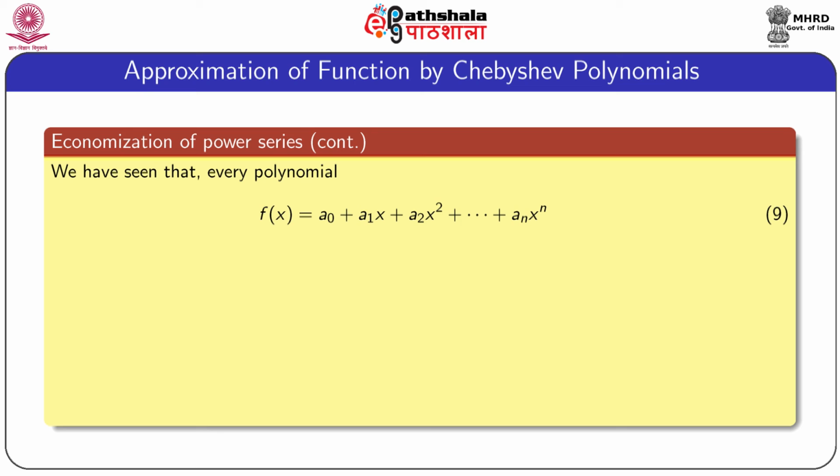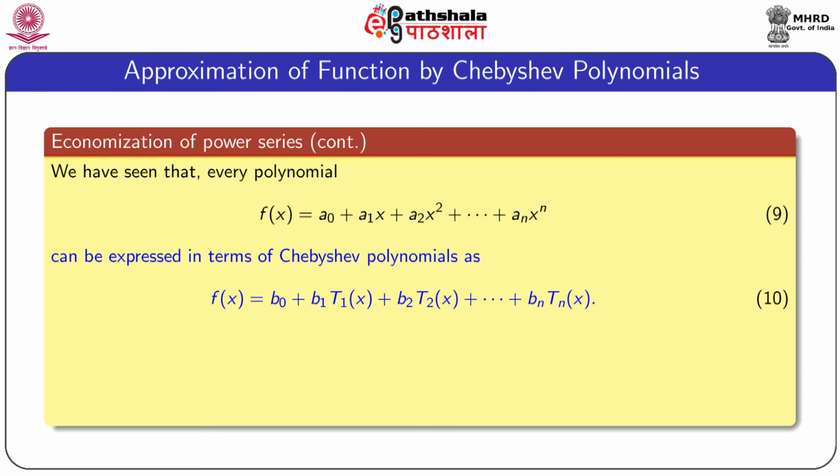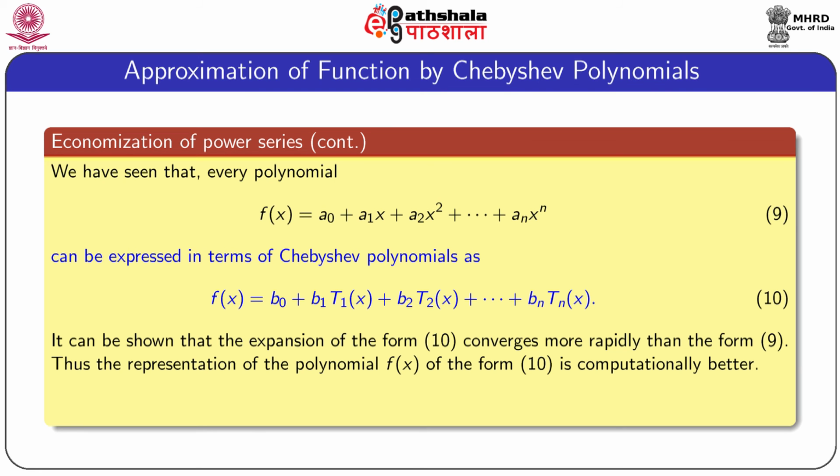Now, we have seen that every polynomial f(x) of degree n can be expressed in terms of Chebyshev polynomials in the following form: f(x) equal to b0 plus b1 T1(x) up to bn Tn(x), and it can be shown that the expansion of form 10 converges more rapidly than the form of equation 9.